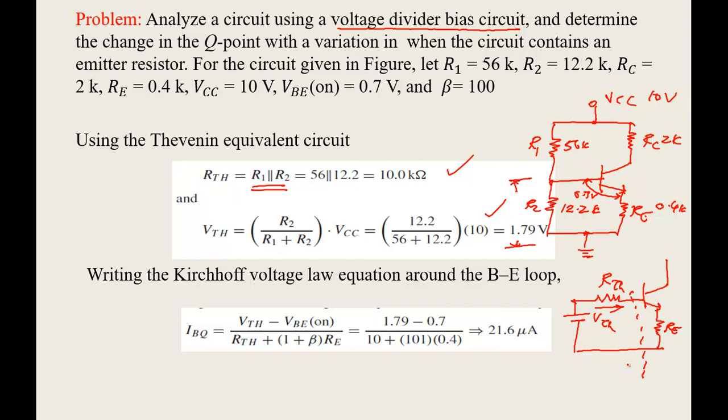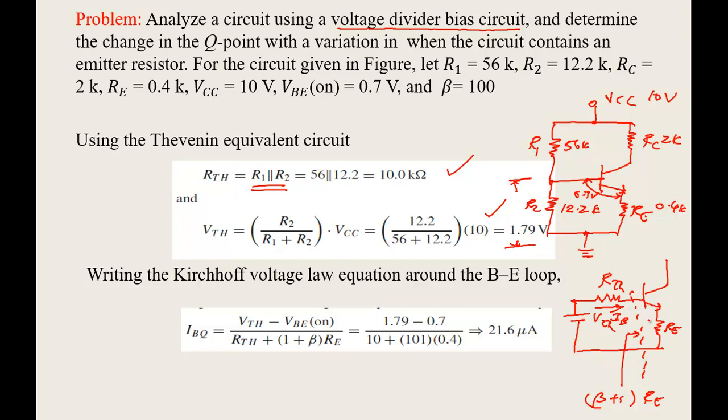Coming to IBQ, IBQ is basically the current flowing through the resistor RTH in the loop. I have told you already that when you look at the resistance from here, it is nothing but beta plus 1 times RE, because of the current ratios and the equations that we see from here. If you see from the other side, it is divided by beta plus 1; from this side, it is beta plus 1. So the entire resistance seen here is beta plus 1 times RE.